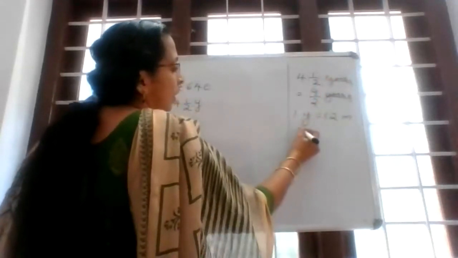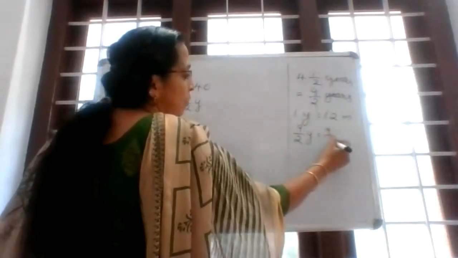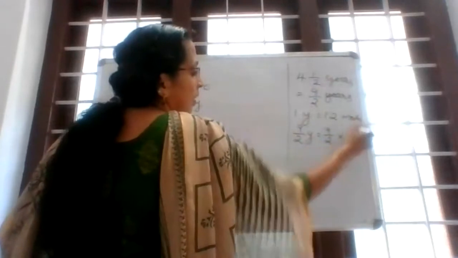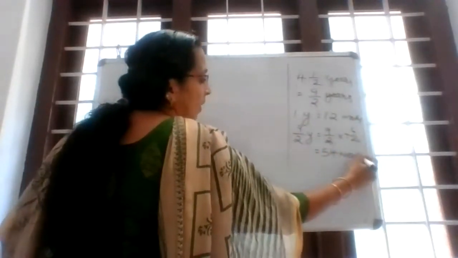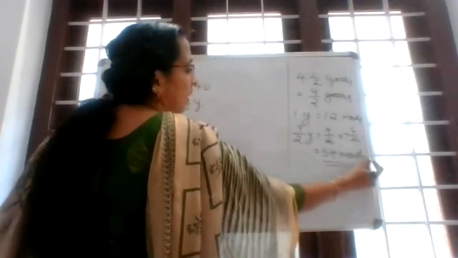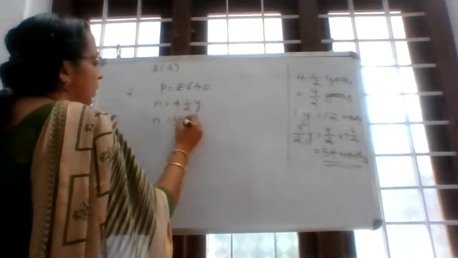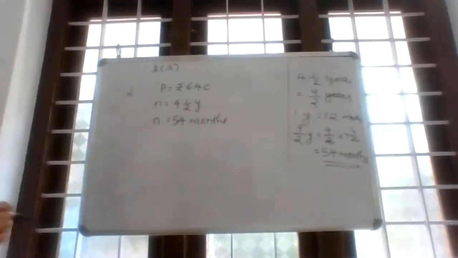Therefore 9/2 years is equal to 9/2 into 12. So 2 and 12 cancel. So 54 months. So 9/2 years can be written as 54 months. That is N is equal to 54 months.